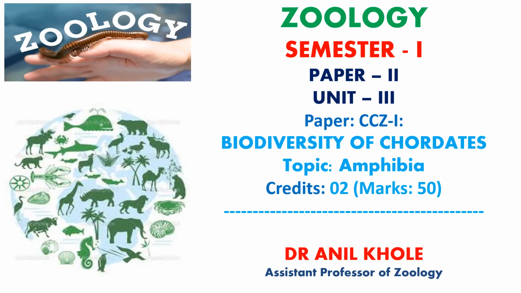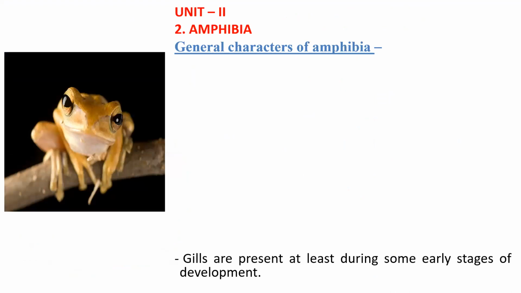The amphibians are the animals which enter the terrestrial region. We can say these are developed animals, and they are able to live on the terrestrial region with the help of the changes that take place among them.